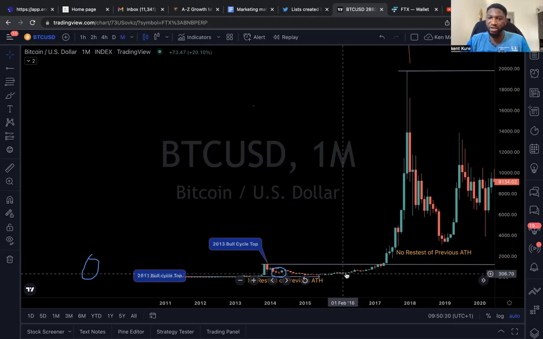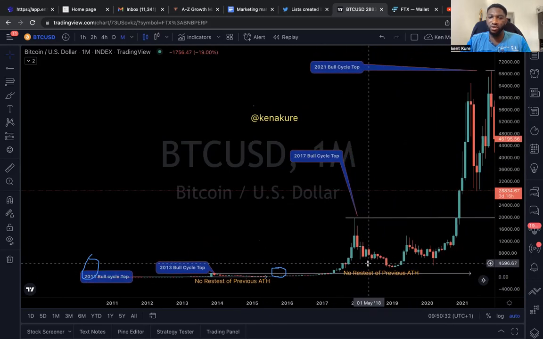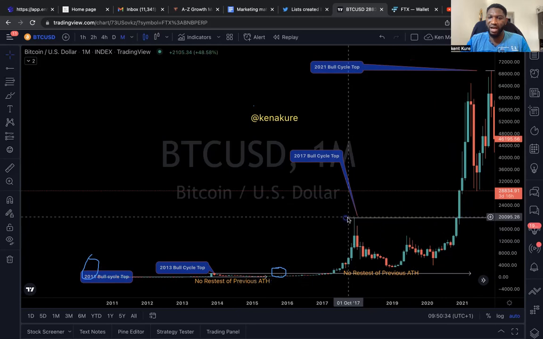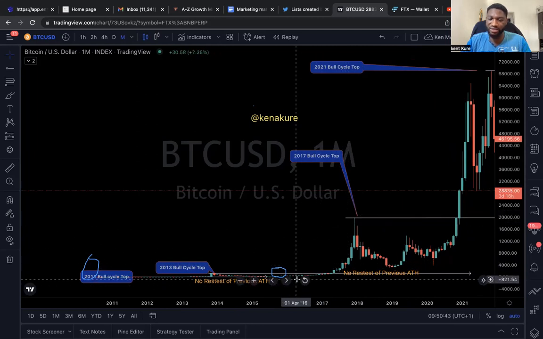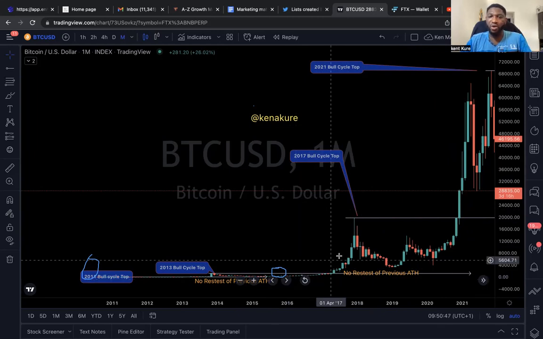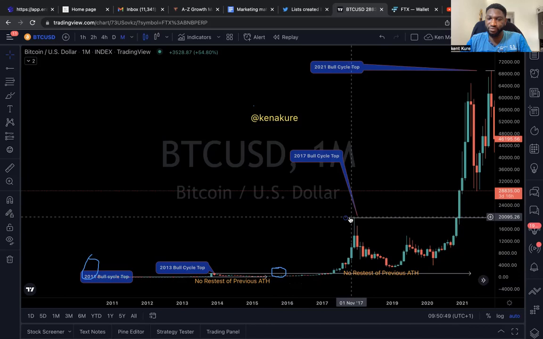From 2015, Bitcoin rose to as high as approximately $20,000 in 2017. Within a space of two years, it rose from the $162 bottom to as high as $20,000 in 2017.